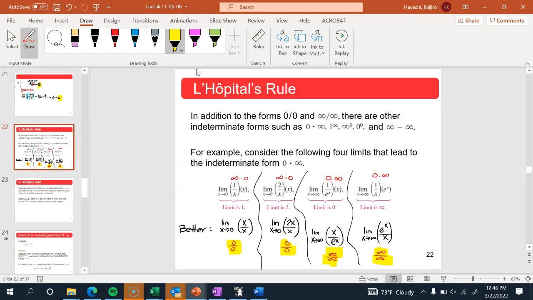So if you get the indeterminate form 0 times infinity, you're going to want to rewrite it in some way. Usually it just involves combining them into one fraction, as opposed to having a product of two things. You want to combine them in some way so that you get these 0 over 0 or infinity over infinity forms.